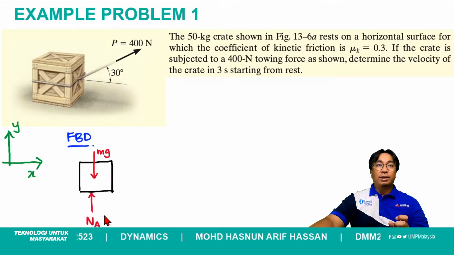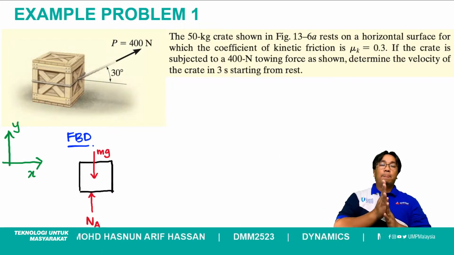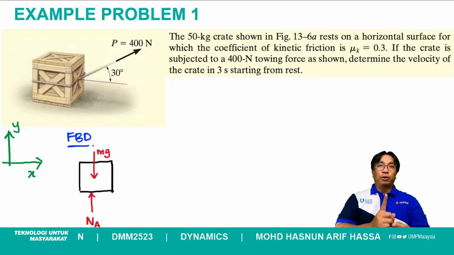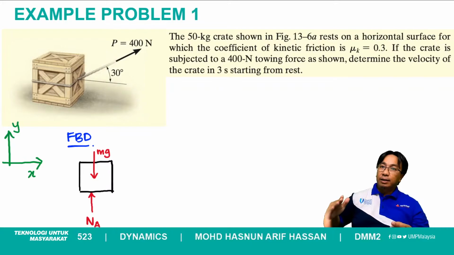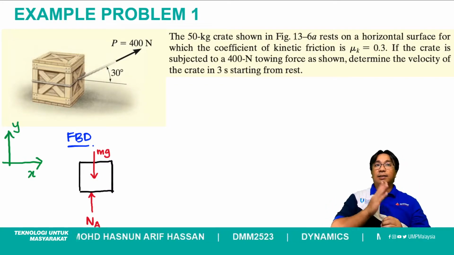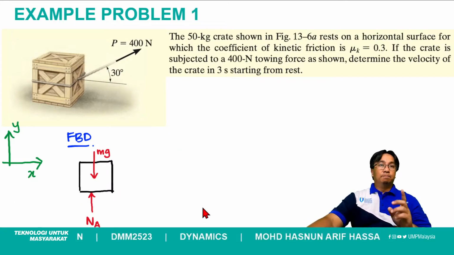Normal force will be pointing up. Normal force will always follow the surface. If the surface is flat, it will point up. If the surface is inclined, it will follow the inclined surface, pointing 90 degrees to the surface. Okay, so that is the normal force.